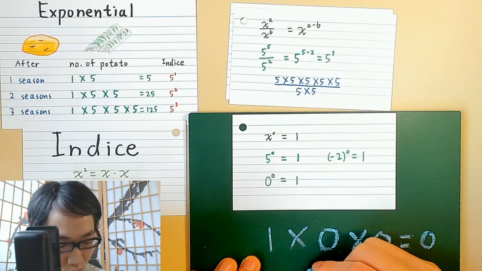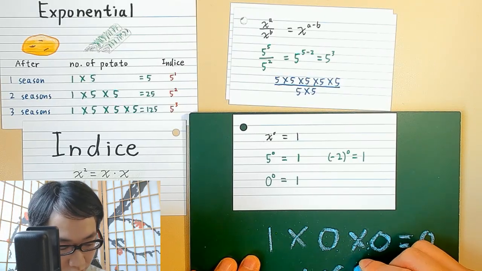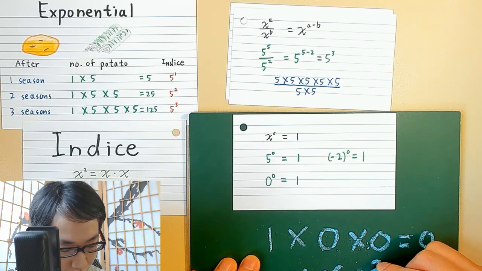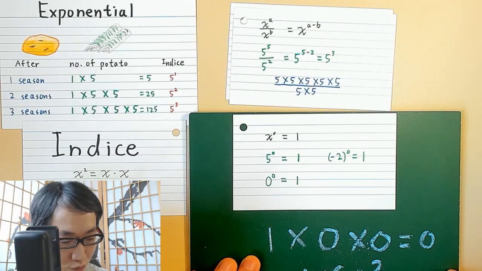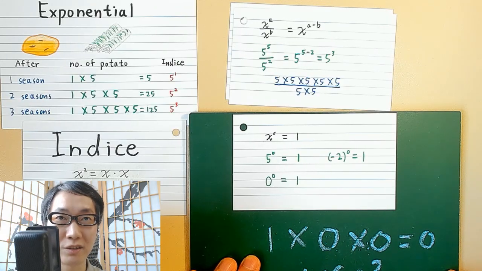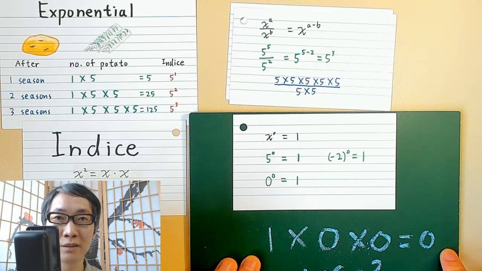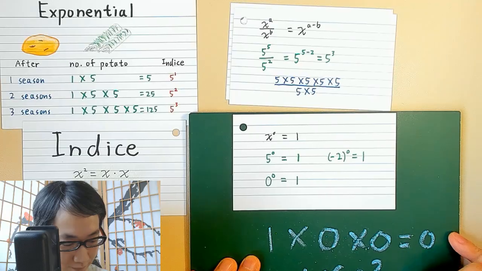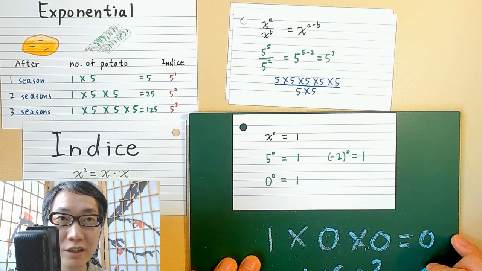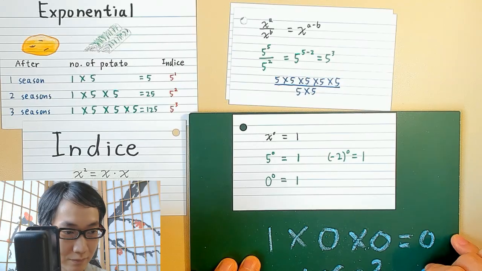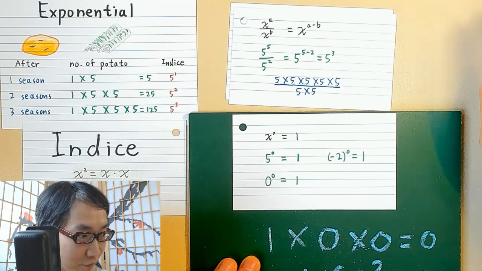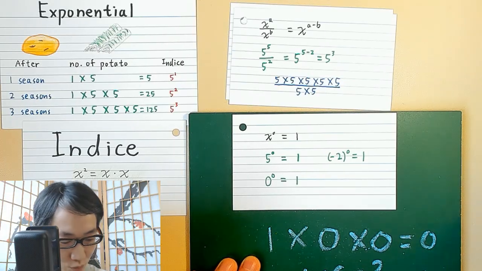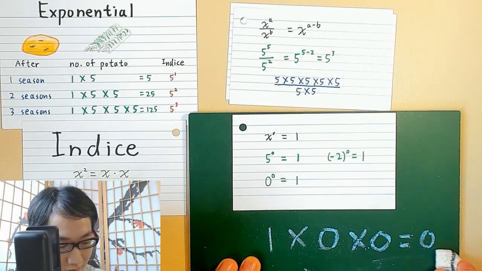We'll get 0 potato. This is 1 times 0 to the power of 2. We try to do everything we can for 2 seasons, and we are still getting nothing back. The potato is gone. The potatoes get absorbed by the soil. Okay. However, if we do it for 0 seasons, oh, the potato is saved because we did not plant it.